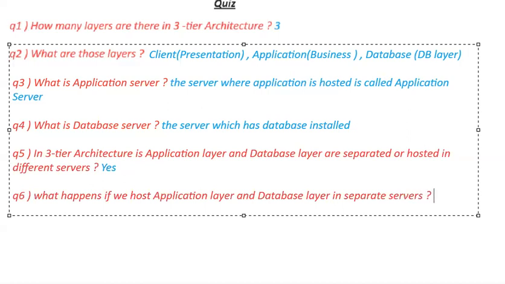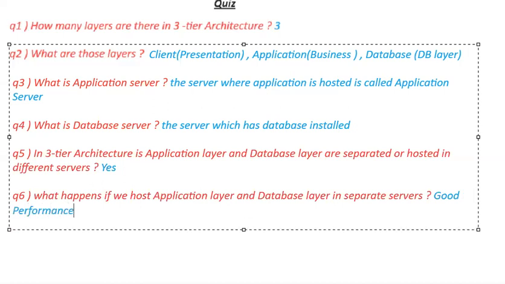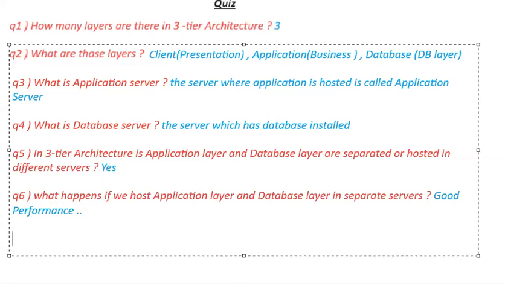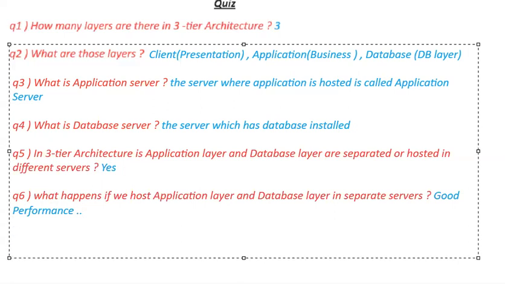What does it provide me? I hope you answered this question as well. It provides me good performance, or you can say better performance. Let me write good only. So it provides me good performance. It leads to high availability, low downtime, and many uses for the production environment.